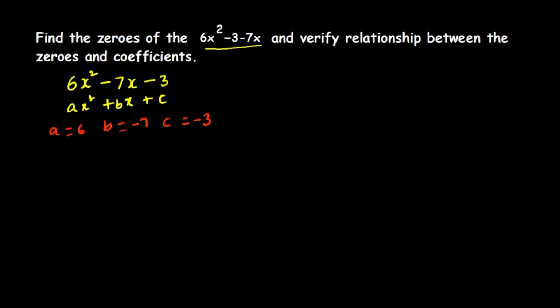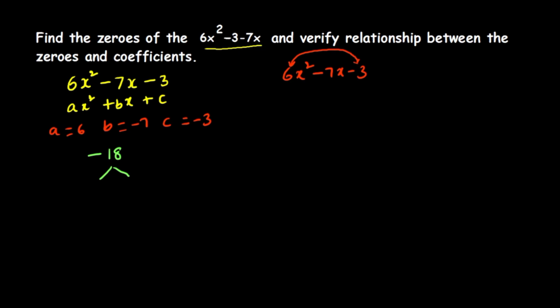Now I'm going to divide into factors this 6x square minus 7x minus 3. So how to divide into factors? We need to multiply these two numbers, that is 6 into 3, minus 18. That minus 18 will be divided into factors again.